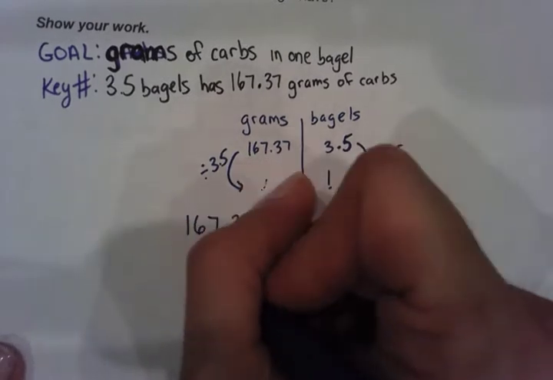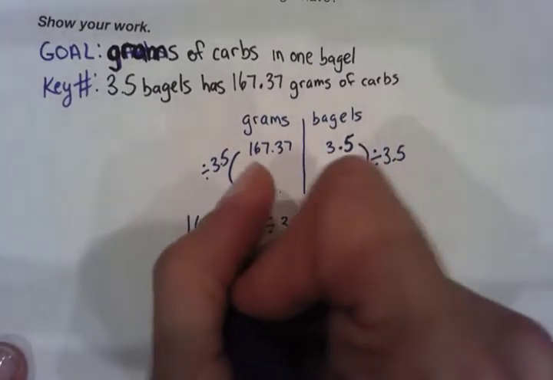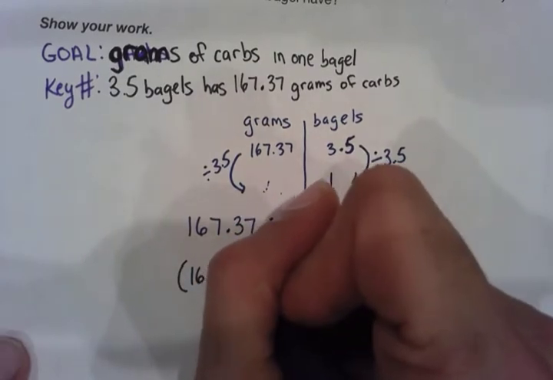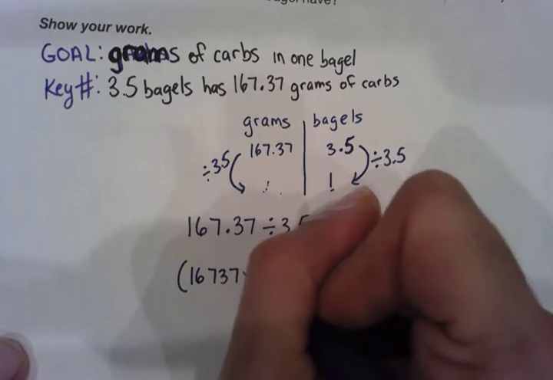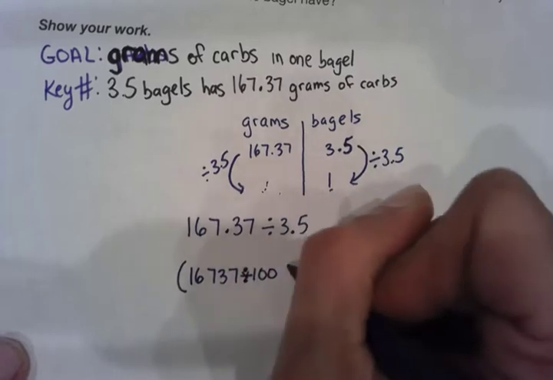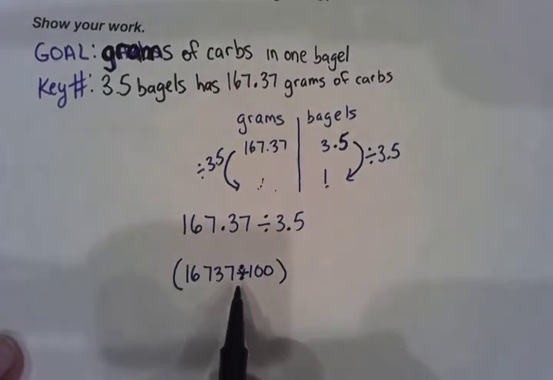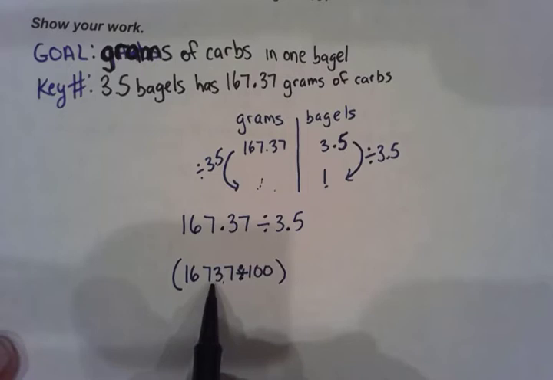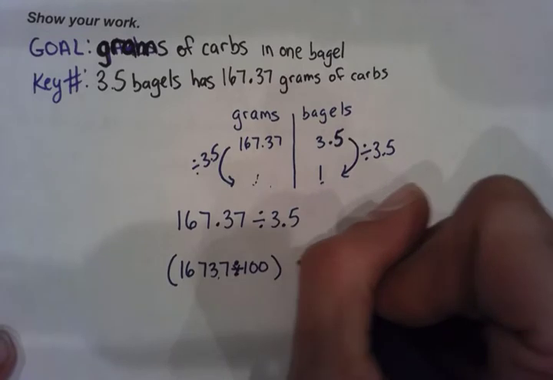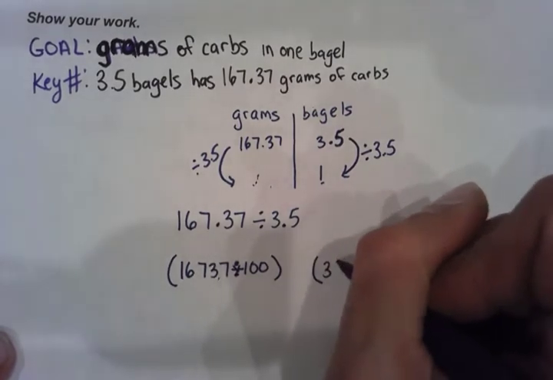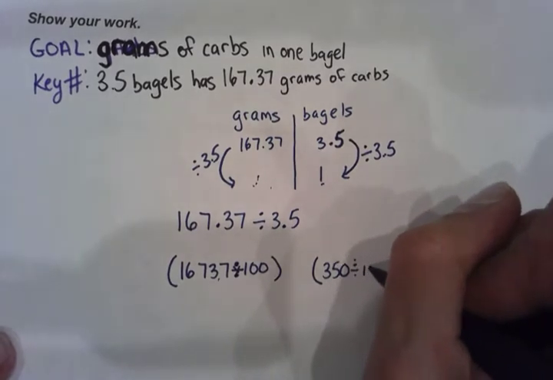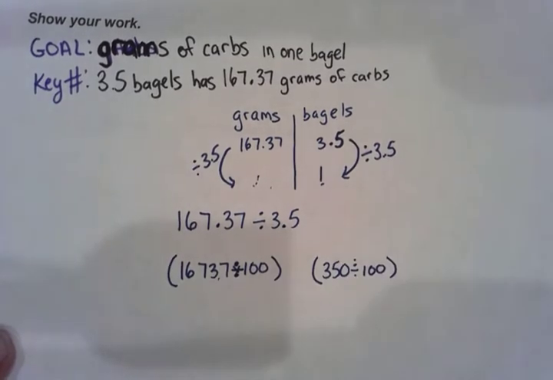So, I know 167.37 is the same as 16,737 divided by 100, because when I move the decimal 2 times over, I'm going to get 167.37 again. And 350 divided by 100 is the same as 3.5.